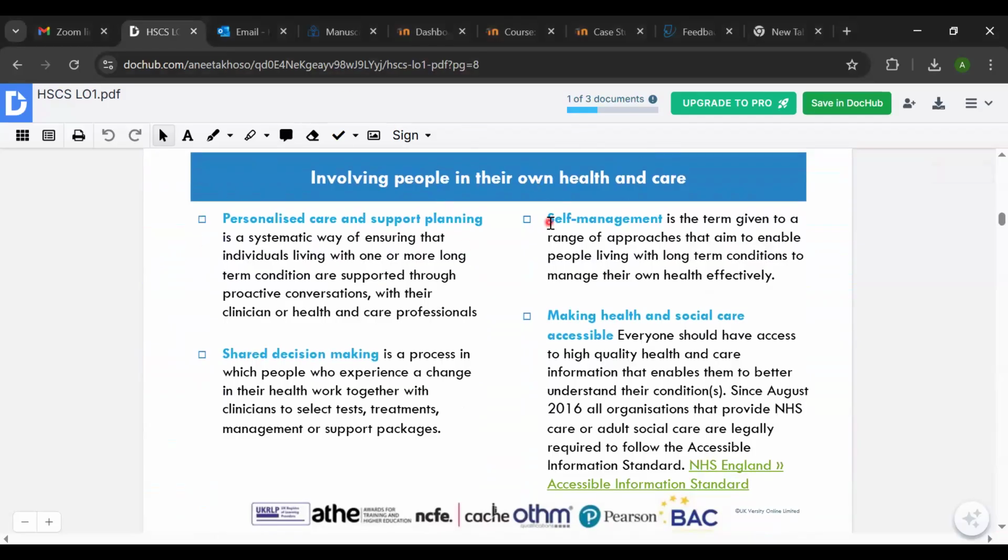So when we involve people in their own health and care, there's personalized care and support planning. It's a systematic way where we ensure that individuals who live with one or more long-term conditions, for instance diabetes, hypertension, dementia, Alzheimer's, arthritis, things that go on for years and years, chronic diseases, are supported through proactive conversations.